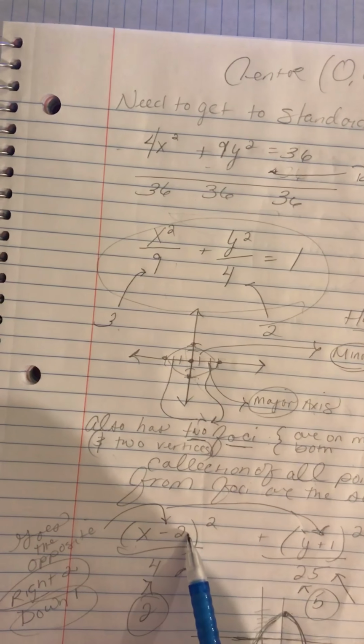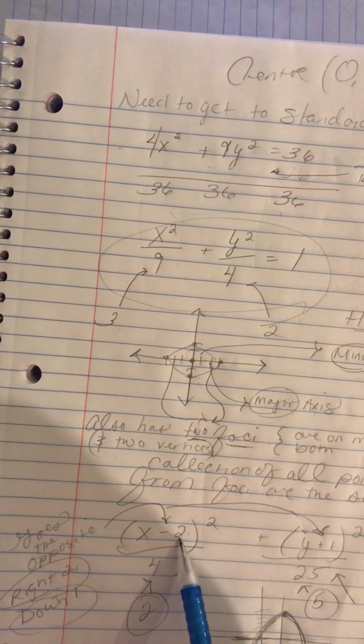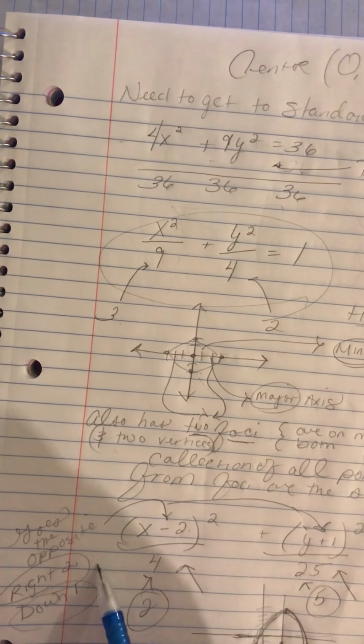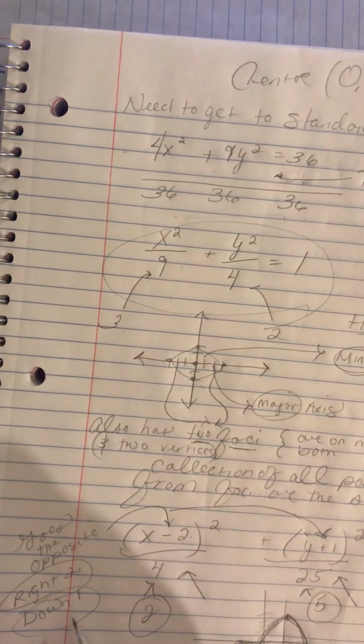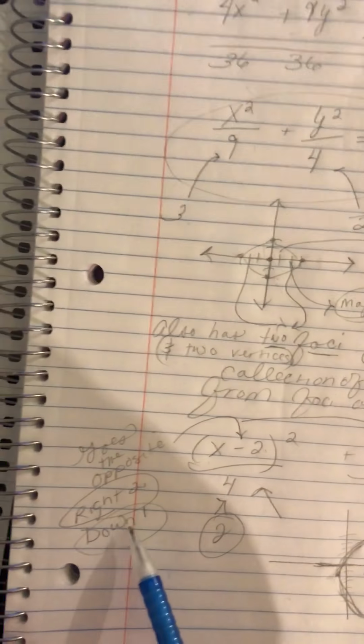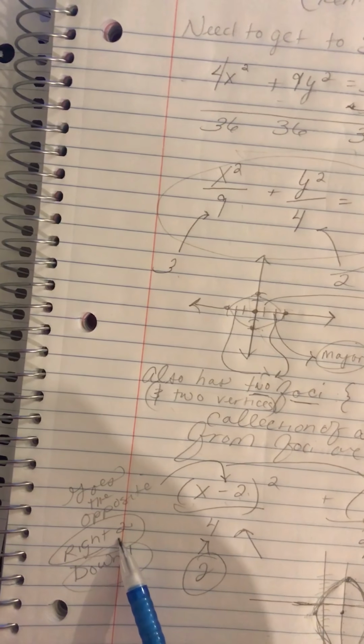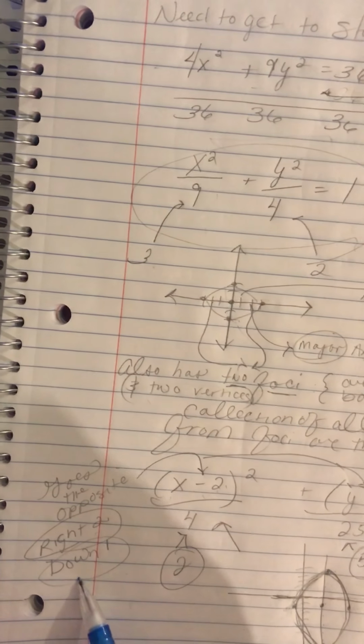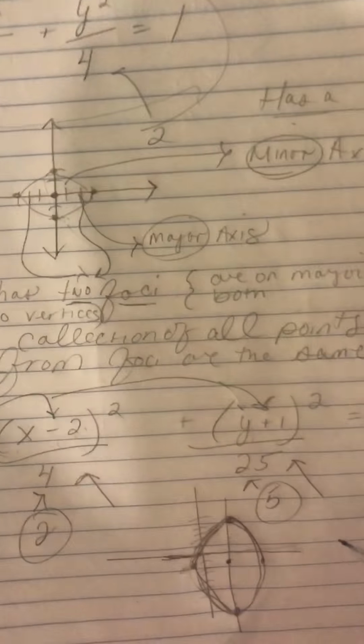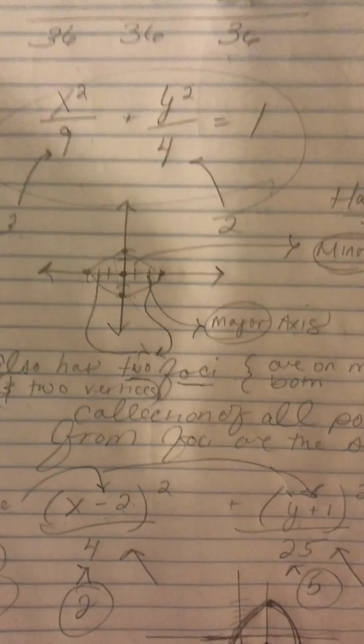If there was going to be a shift, the h and the k are going to be in the opposite directions. So here, it's going to be right 2 and then down 1. So there is my little graph. And then back to my PowerPoint here.